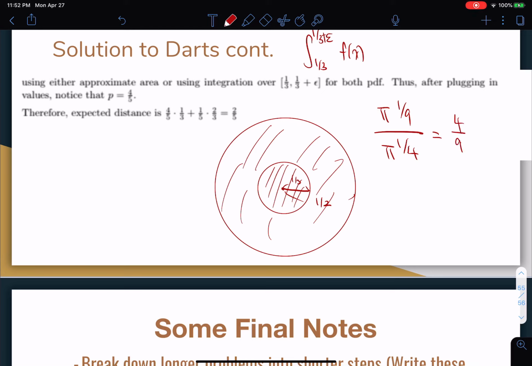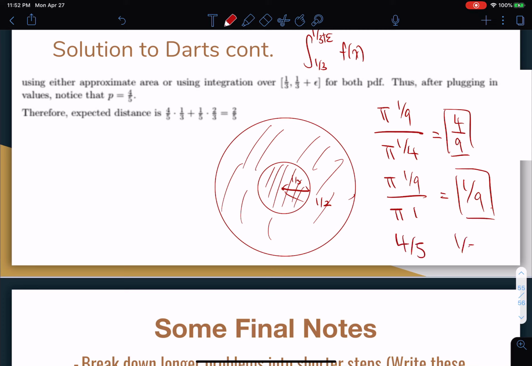And then we do the same for the other one, where we have pi over 9. Okay, so we have 4/9 and 1/9. We divide each other, and then we will get 4/5 and 1/5 as we want. So P is equal to 4/5.